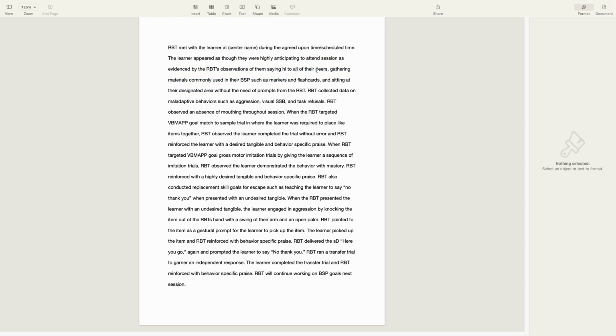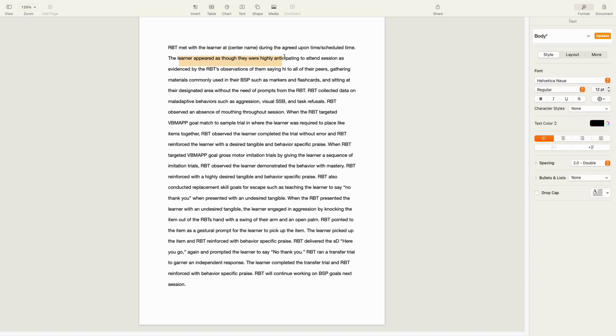So you cannot simply say in a session note, the learner appeared as though they were highly anticipating to attend session, period, and then stop there. This needs to be objective, right? And you need to write, how do you know this? What did this behavior look like? So you would write what highly anticipating looks like.